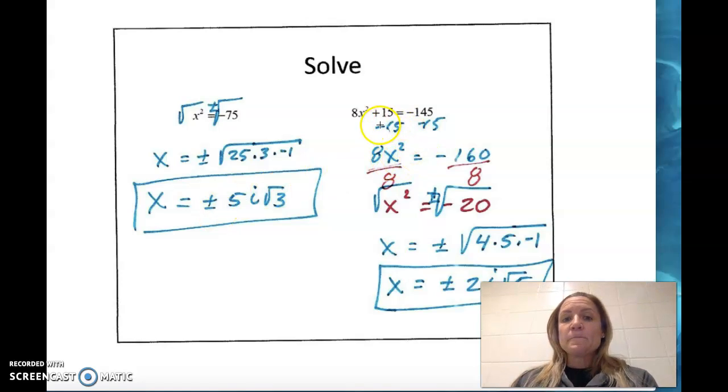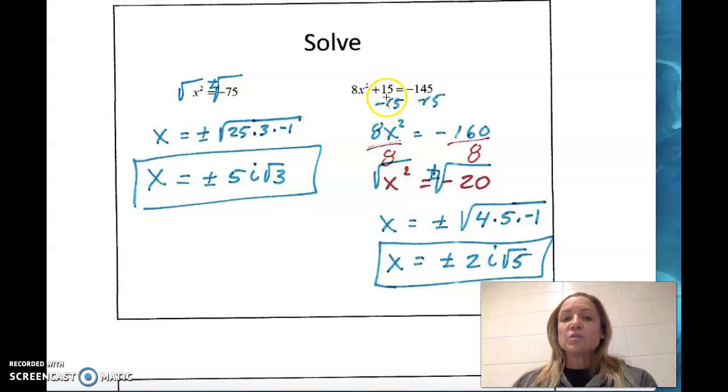Okay. For this problem over here, we have an x squared. So this one's also going to have 2 solutions. We start by isolating this x squared. So we're going to subtract 15 from both sides. Then we divide by 8 since it's being multiplied by 8.